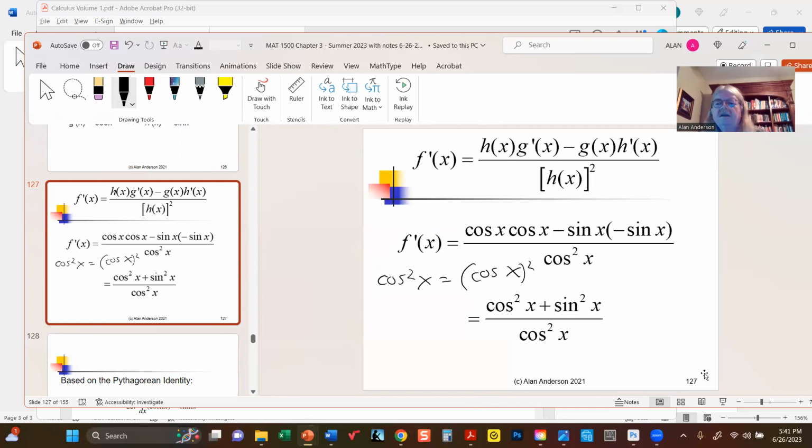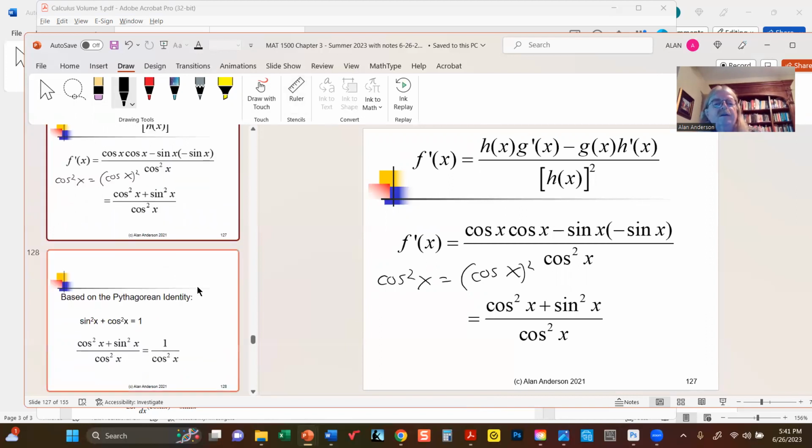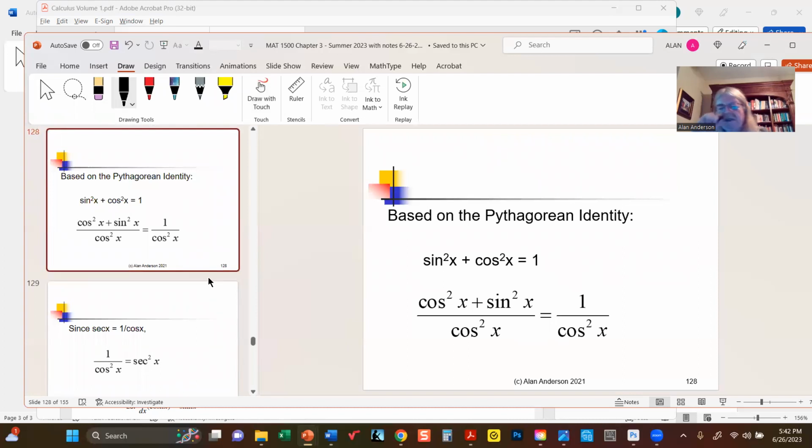No. There's a series of identities based on the Pythagorean theorem, one of which is the one we need right now. It turns out that for any angle x, no matter what it is, the sine squared of x plus the cosine squared of x equals 1. There's a couple of others that we'll look at later on, but these are a consequence of the Pythagorean theorem. And so that means that this numerator is just 1.